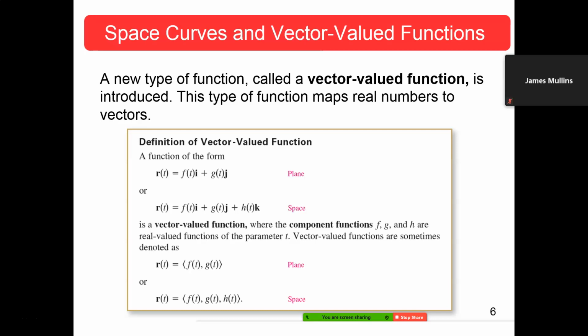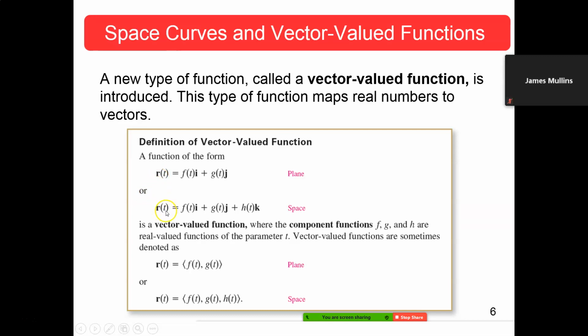In this case, the t, remember, is your parameter, a scalar number, and you have a scalar function here, f of t, that's your x coordinate, your y coordinate is your g of t, and f of t i plus g of t j gives you your vector valued function.